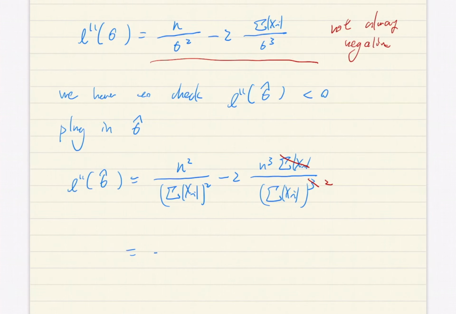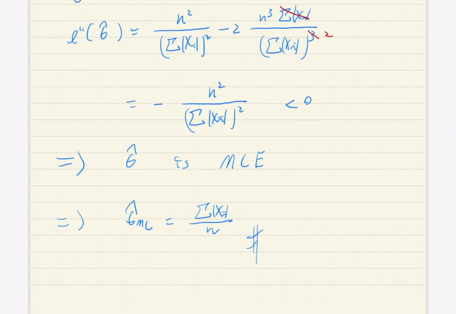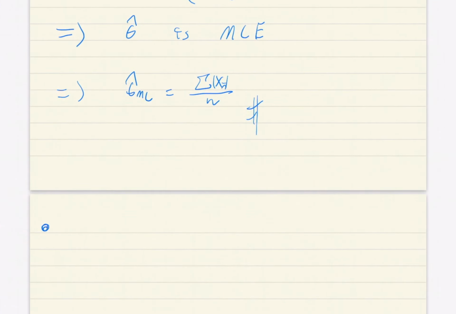So okay, see this is negative: n squared over the summation of absolute xi with power 2. Okay, this is negative. So we can say this is the MLE. So we can write sigma hat is equal to the average of the absolute value of xi. Okay, nice.